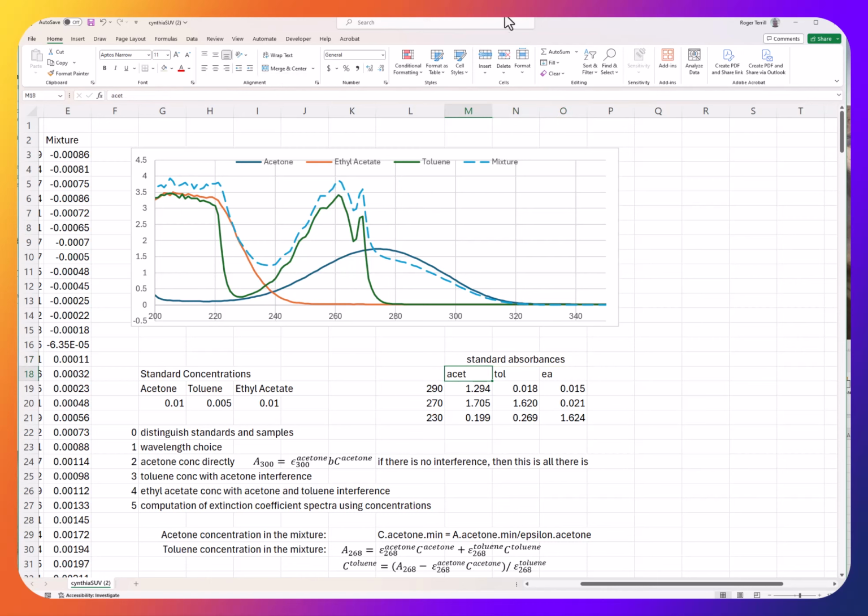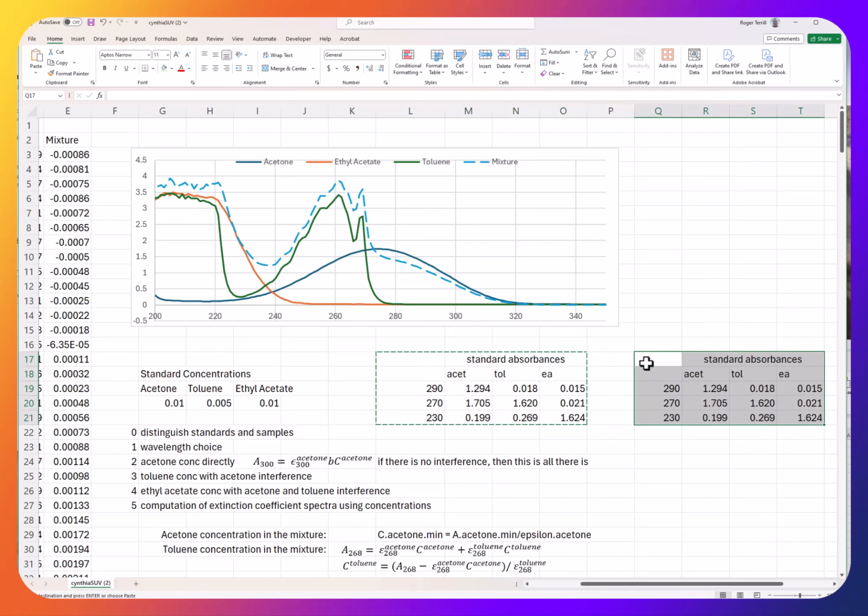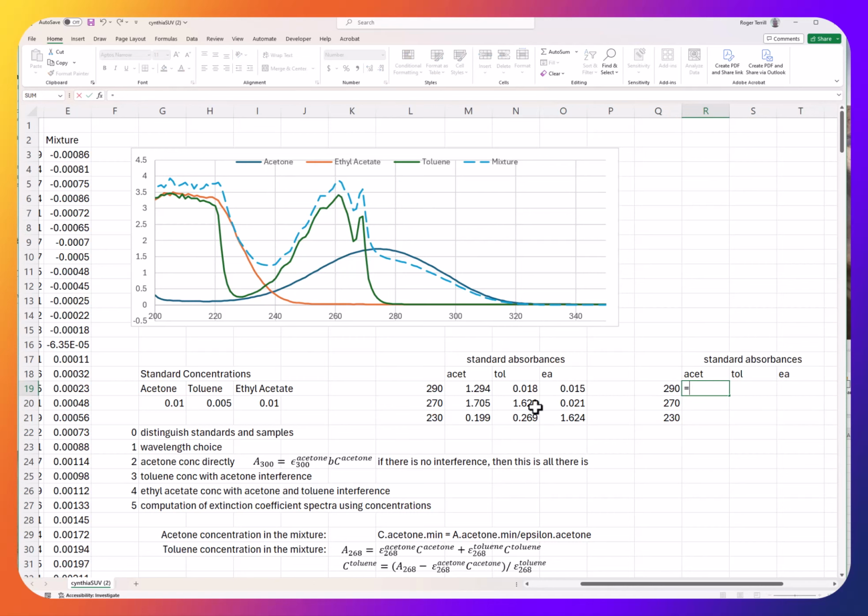Right, and then the extinction coefficients, for acetone, it'll look the same as this, except the contents here will be different, right? And acetone, that will equal this divided by this.